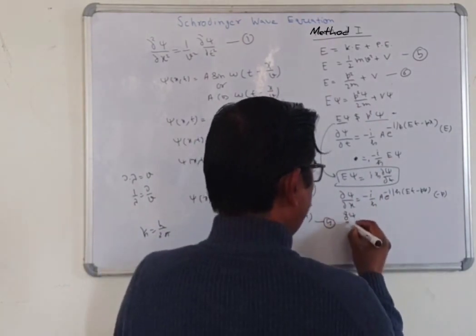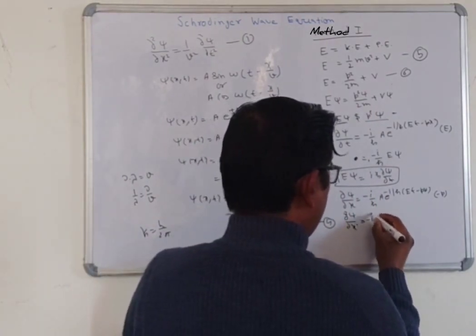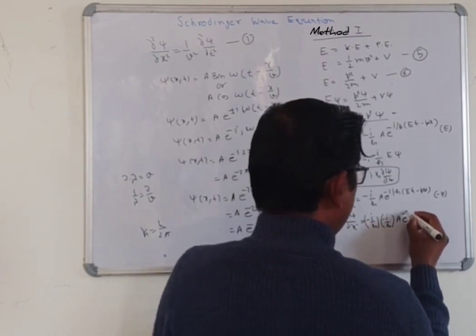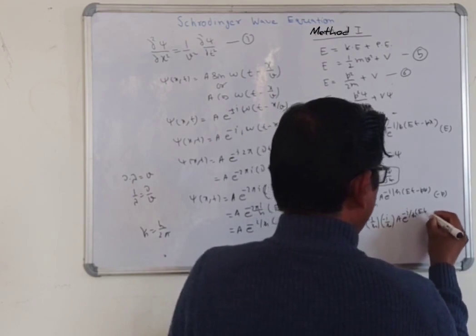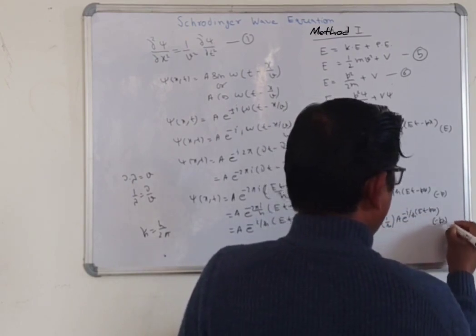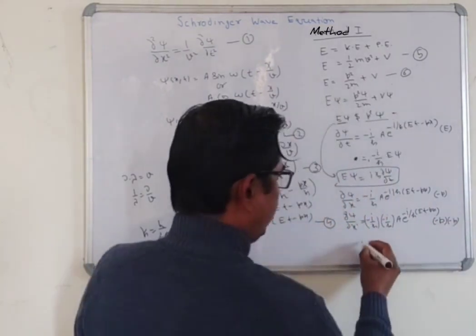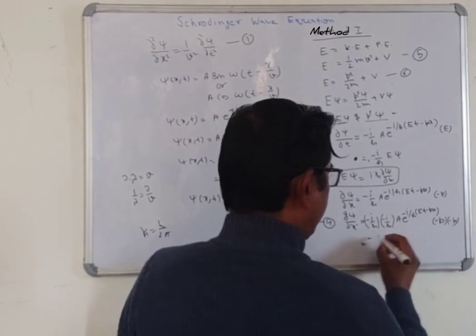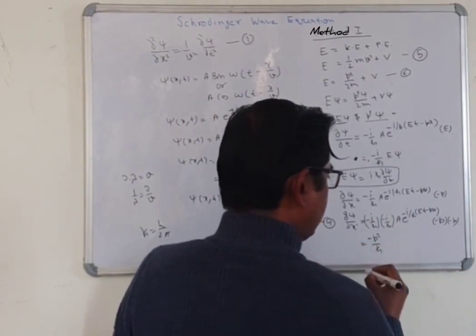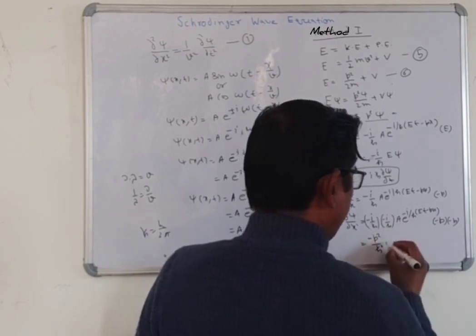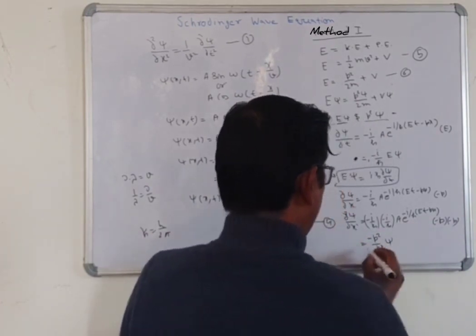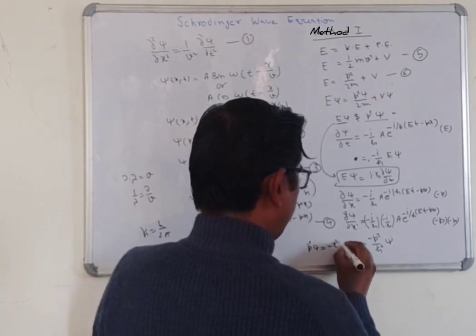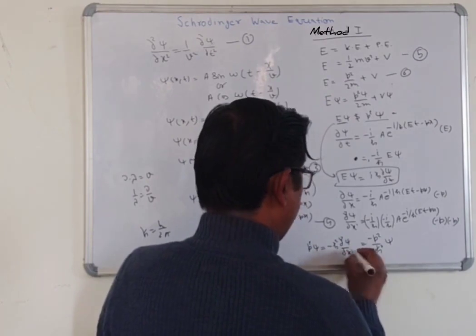And now the second derivative is i by h cut times i by h cut, with minus p again minus p. Now you will see that the minus and i square also give a minus, so we get plus p square by h cut square times psi. Now the value of p square psi is equal to minus h cut square d square psi by dx square.